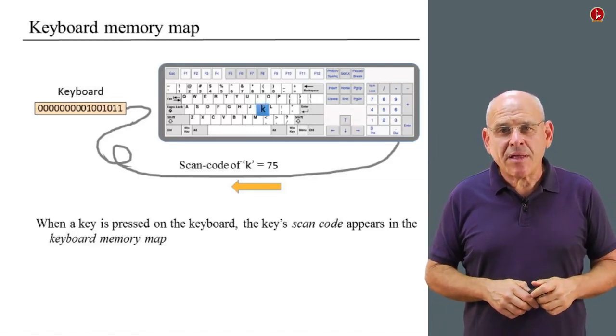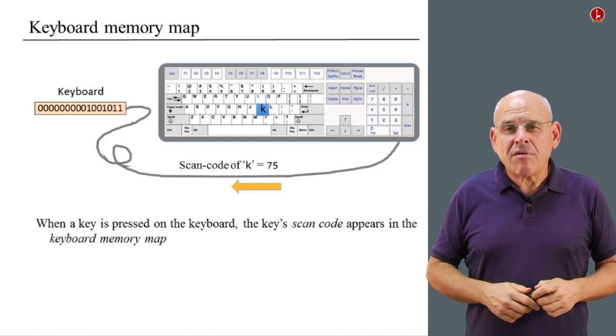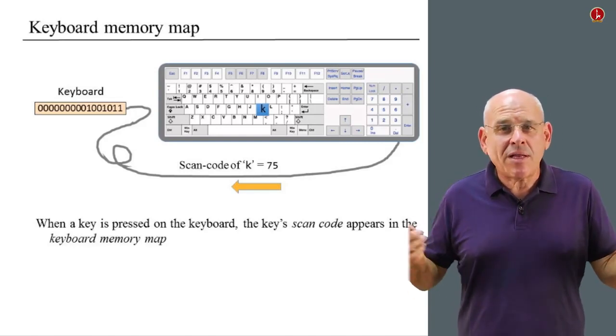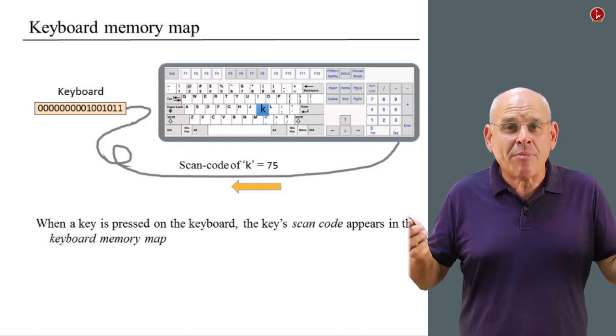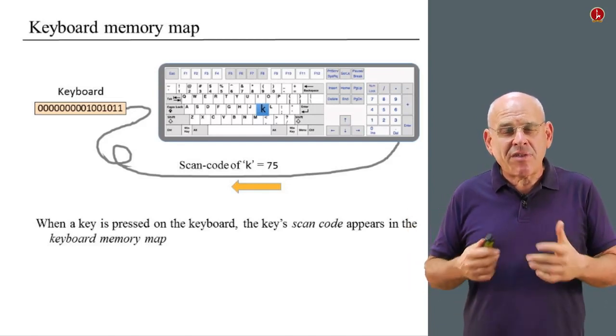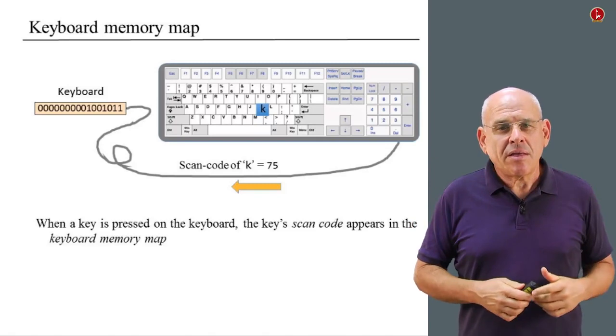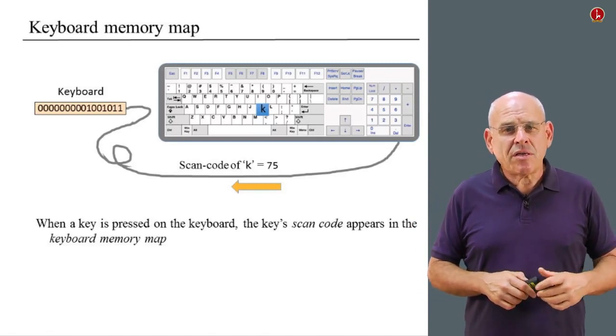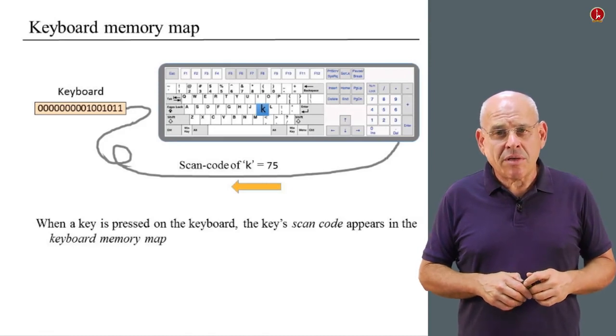For example, if I press K, there is an agreed upon value, which happens to be 75, an almost arbitrary value. And this value, 75, is going to appear in its binary manifestation in the keyboard chip.